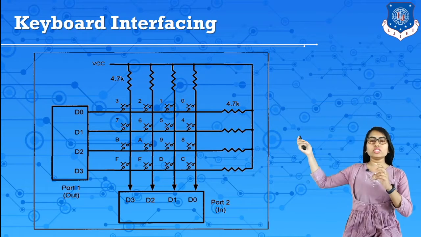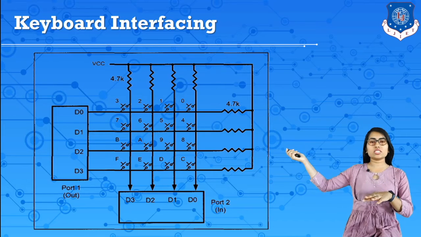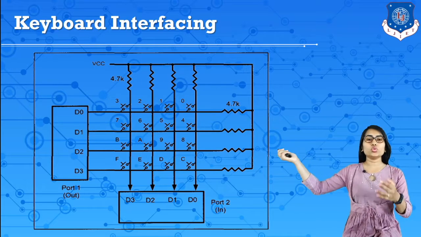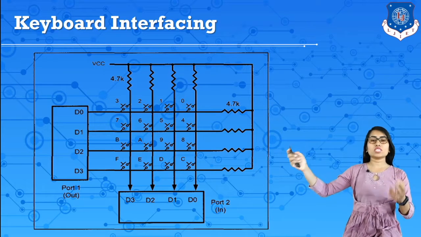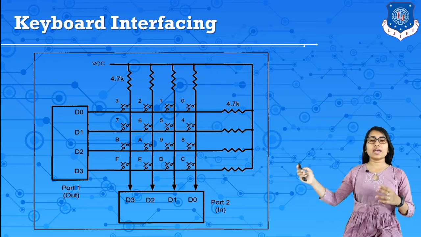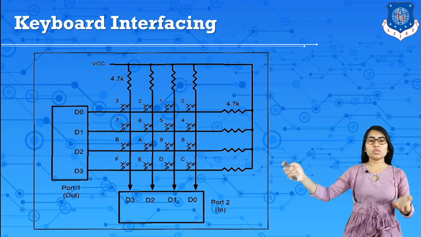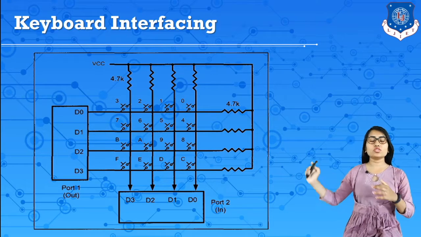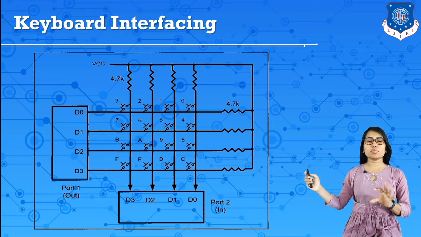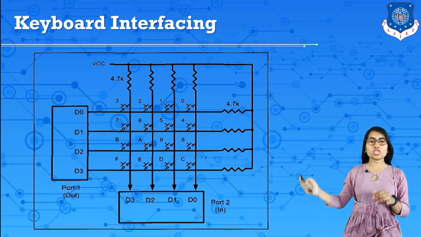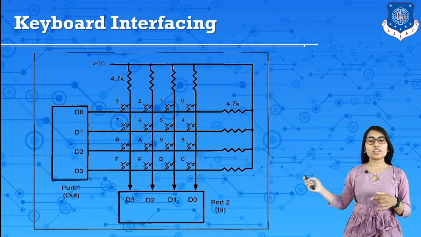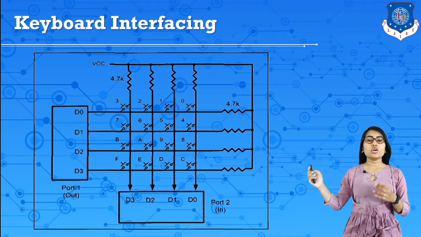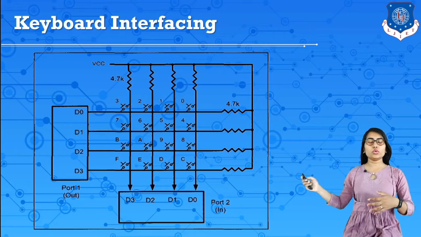So if this key is pressed, 0 is referred, then 1, 2, 3, 4, 5, 6, 7, 8, 9, then A, B, C, D, E, F. So basically a total of 16 symbols can be represented using this 4x4 matrix. This is a 4x4 matrix configuration using port 1 and port 2.